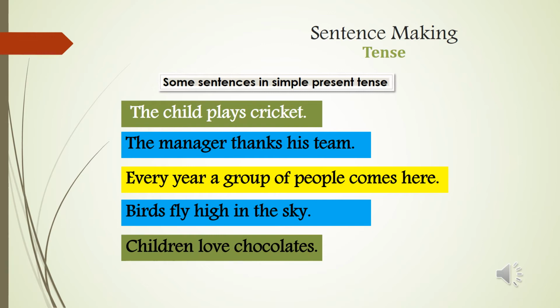S is attached. The next sentence. Birds fly high in the sky. Birds means plural number. So fly. S is not attached. Birds fly high in the sky. Children, plural number. Children love chocolates. So look at the pattern of sentences and try to grasp it.